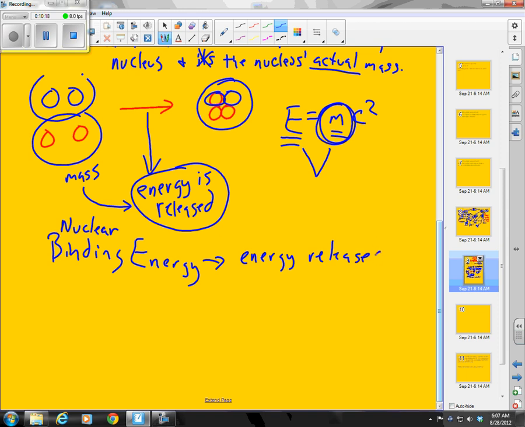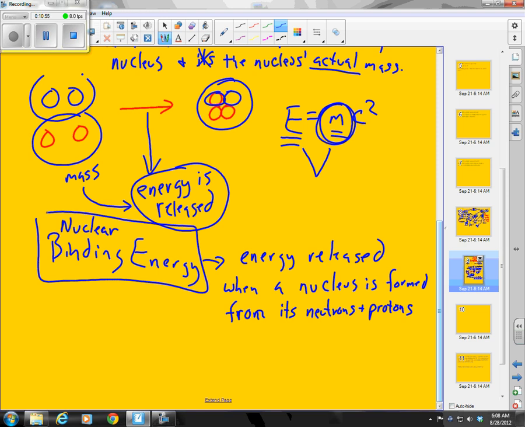Simply stated, it's the energy released when a nucleus is formed from its neutrons and protons. Got it? And this energy comes from the mass parts of the neutrons and protons, and that's why we have the mass defect. Okay, so good.